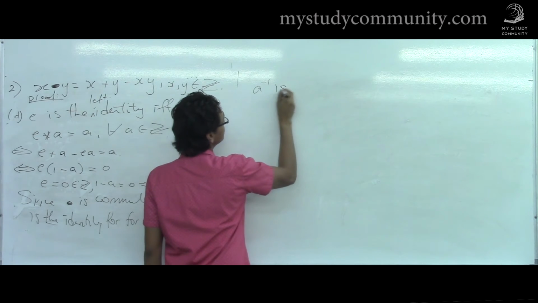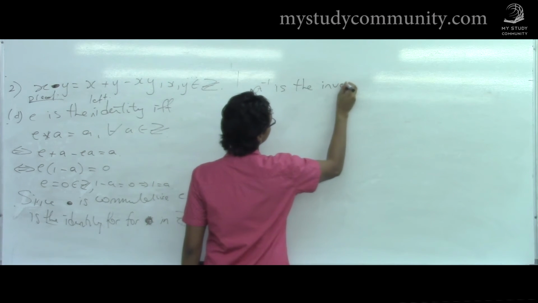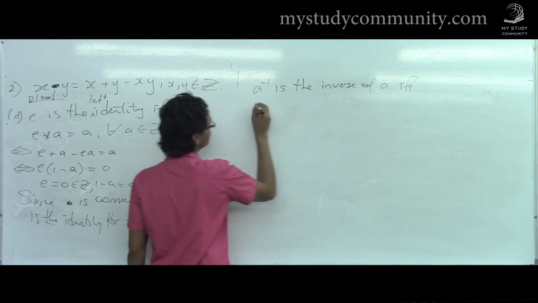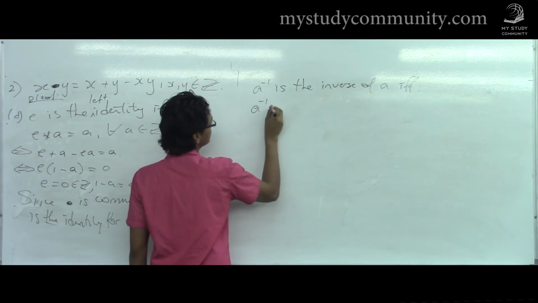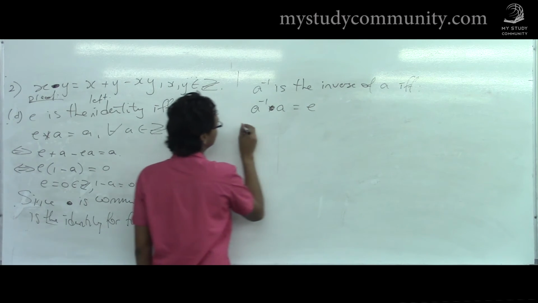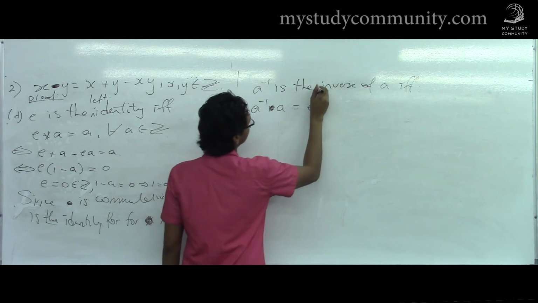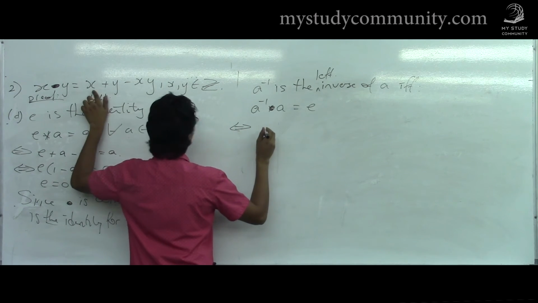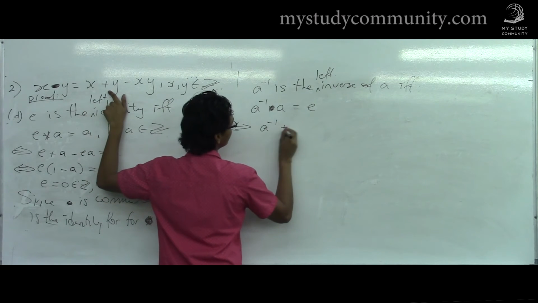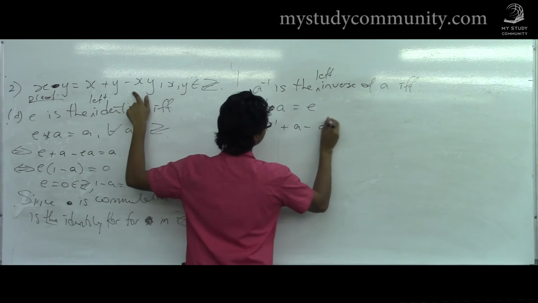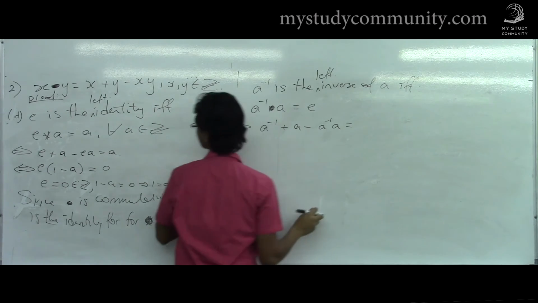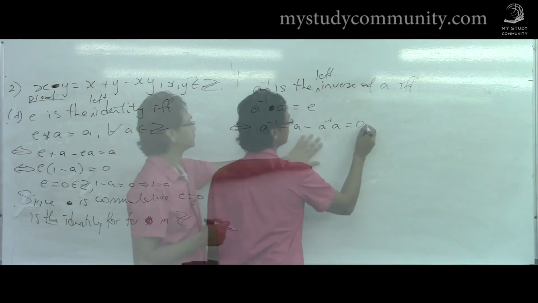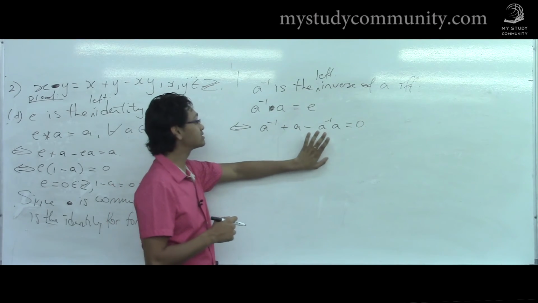A inverse is the inverse of A if and only if A inverse circle A equals E, which implies that the first element plus the second element minus the product equals E, and in this case E is 0.